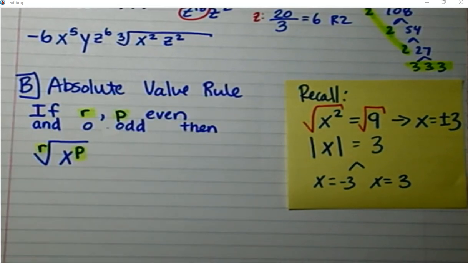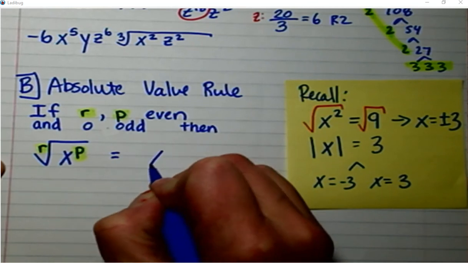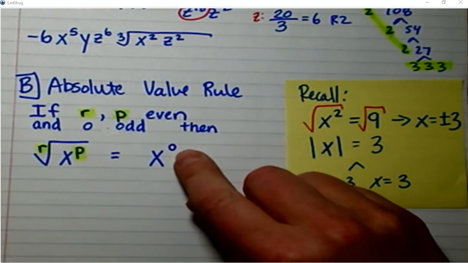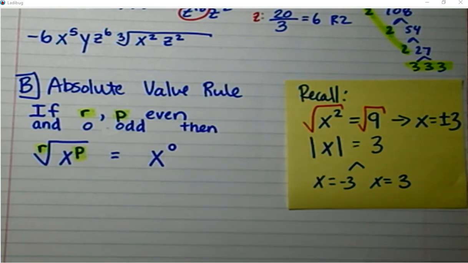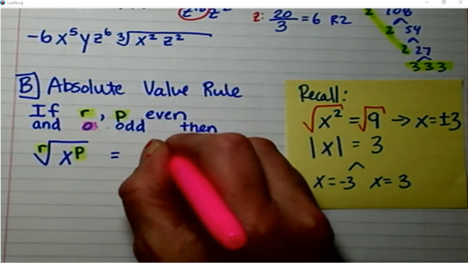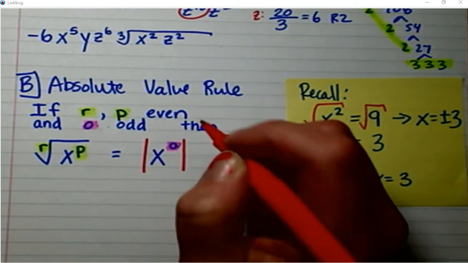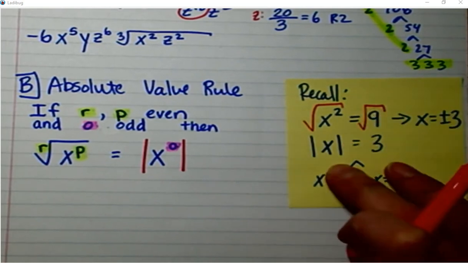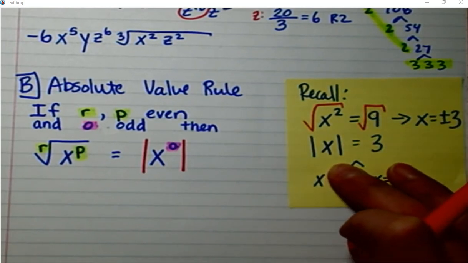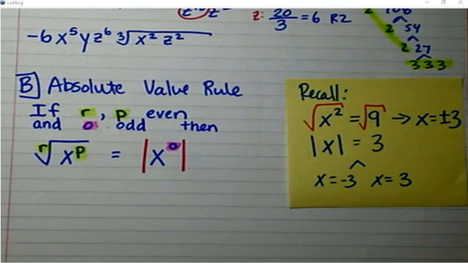If those two numbers are even, 2, 4, 6, 8, 10, an even number, and the result, whatever power you get on the answer is odd, okay? If O is odd, you have to use absolute value. That's actually the rule, okay? You have to use absolute value. Just like we sort of started doing earlier in the year, now we just have to do it again because we're simplifying radicals. All right?